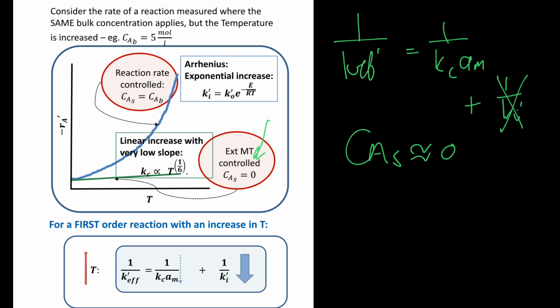And that implies that the rate constant that determines the temperature dependence of my effective or observed rate constant is actually that Kc. And as we have discussed previously, that is a very weak temperature dependence. So in fact, as we mentioned in previous slides, about temperature to the power of 1/6, and you would not be wrong if you actually neglected that and said, oh, that will actually then just stay pretty much the same.